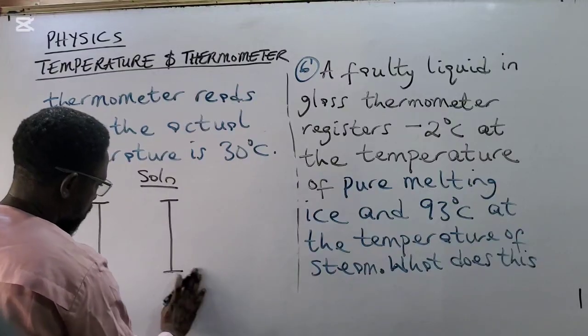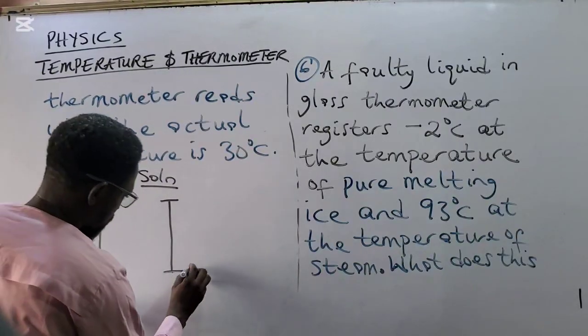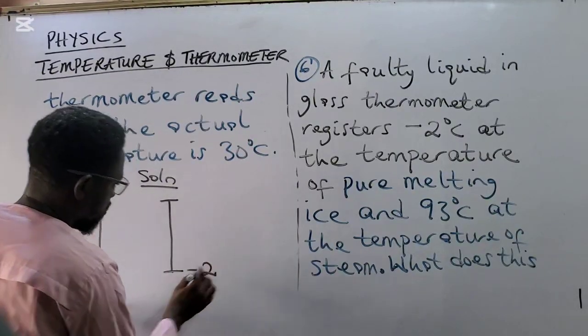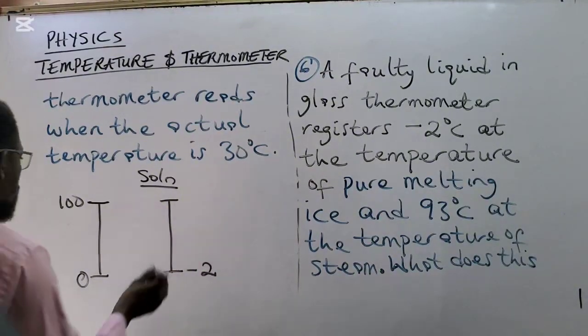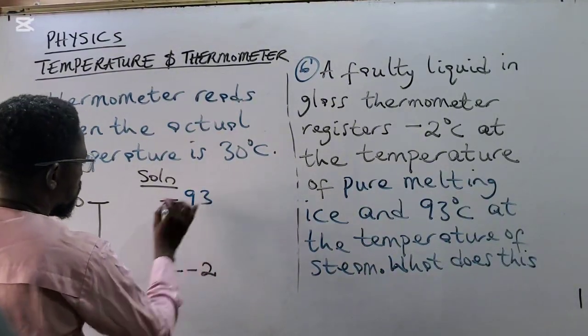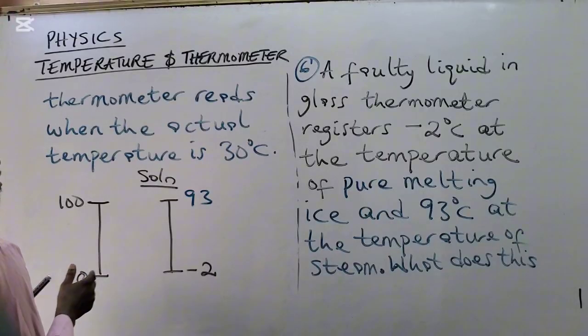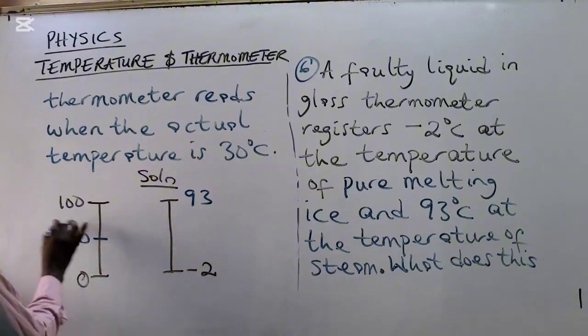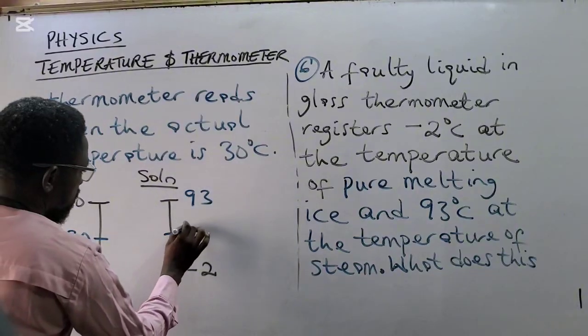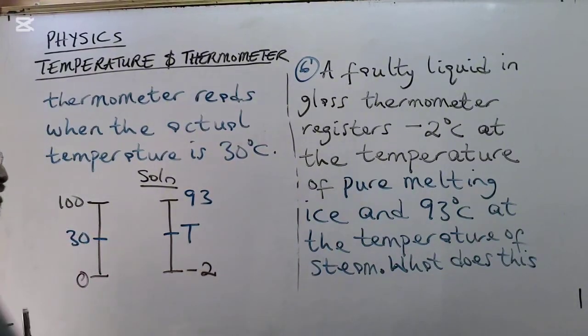That's a 0 point. Minus 2. The 93 at the temperature of steam, 93 up. Then the actual temperature is 30, that means 30 this way. What will be the reading on this thermometer?